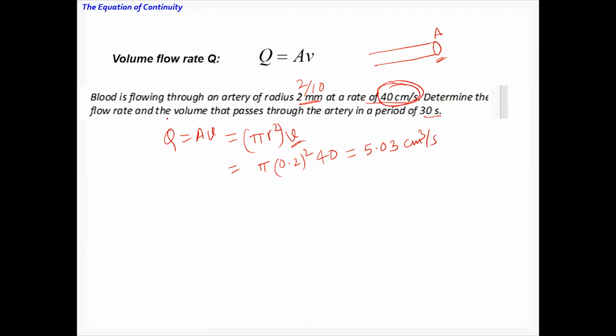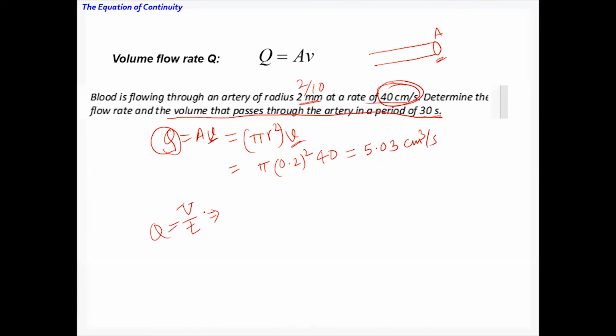Then we have to find the volume that passes through the artery in a period of 30 seconds. This is volume per second, Q. Remember, this is velocity, and this is volume. We need to find the volume.